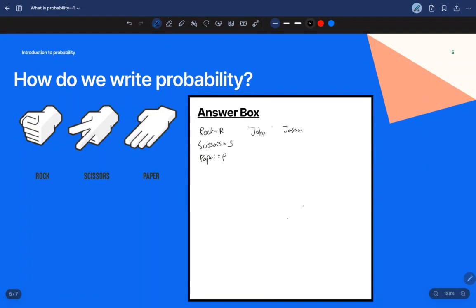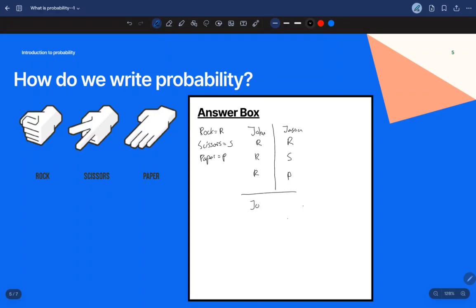When John puts in rock, Jason could do a rock together, or a scissor, or a paper. When John does a rock, Jason has 3 options.